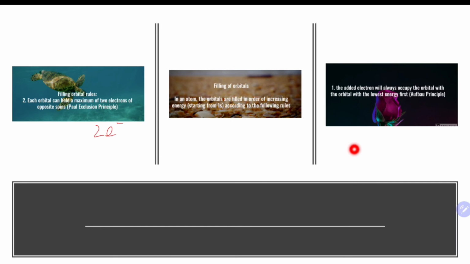In an atom, the orbitals are filled in order of increasing energy, starting from 1s. Continue with 2s. The added electron will always occupy the orbital with the lowest energy first. This is what we call the Aufbau principle.